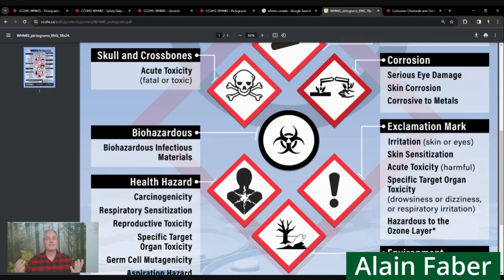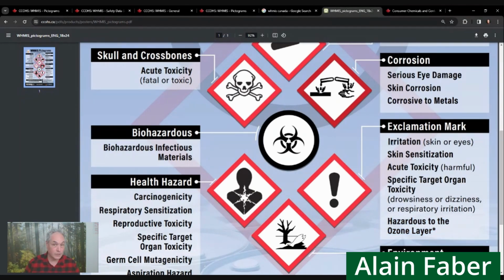I forget what it is. There are some plants that, when they get on the skin, create a reaction. And there are other ones where some gases going into the atmosphere, for example CFCs, can affect the ozone layer, which can indirectly affect us as well. So these are examples of what it could be.